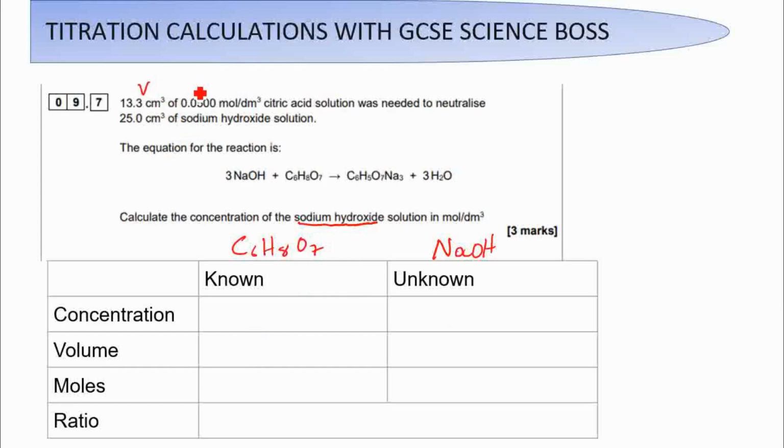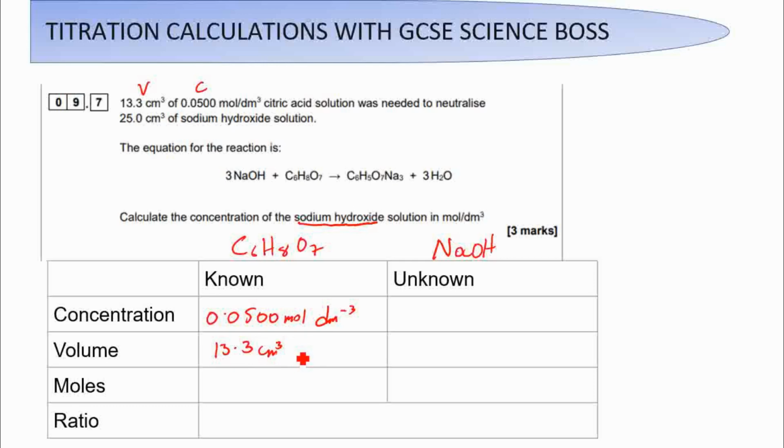Okay, so what are we given? We're given the volume and concentration for citric acid. So we have 0.0500 moles per dm cubed. Now you have your volume, which is 13.3 cm cubed.